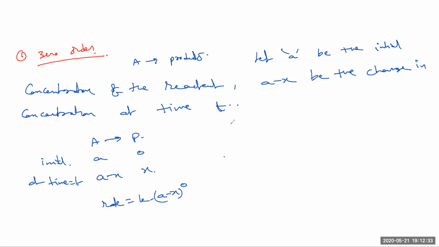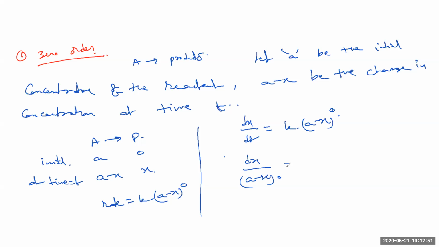So what is the rate? dx by dt is equal to K into a minus x whole power 0. Using the variable separable method from mathematics, x terms on one side. What is x terms? dx by a minus x whole power 0 is equal to K into dt. Now integrating on both sides.